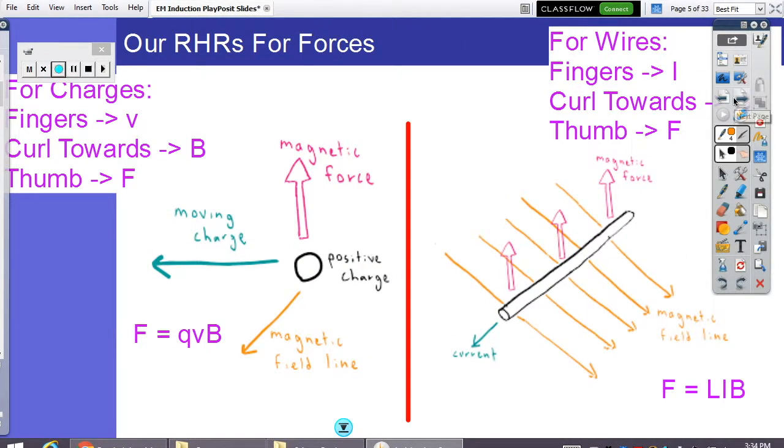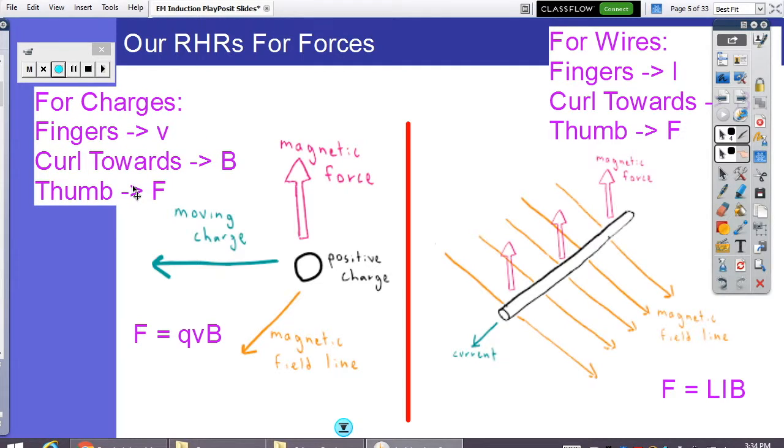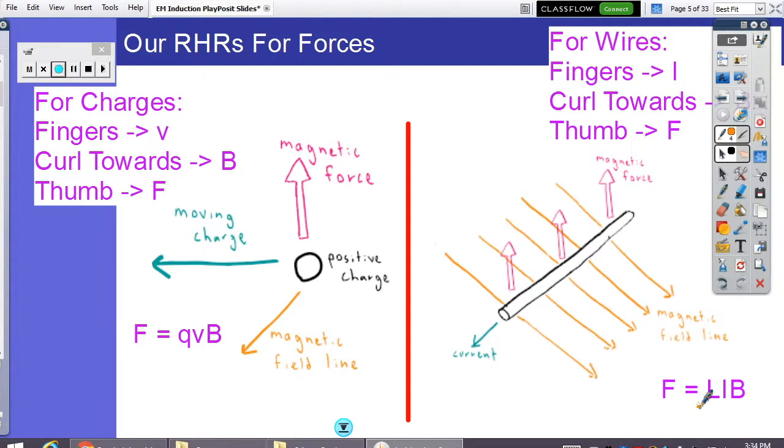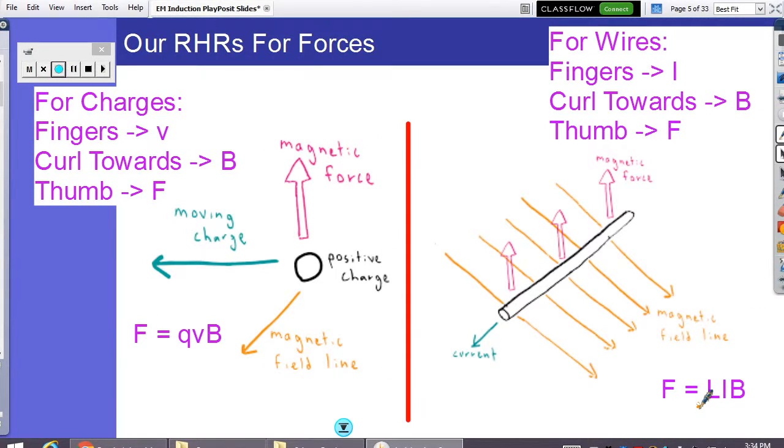If instead we already know our magnetic field, we can use those things that we did in class on Monday and use our cross product to figure out those forces. If you remember from class on Monday, we had that qv cross B option. We also had that L i cross B option for wires. So we actually have four things we can do with our right hand.